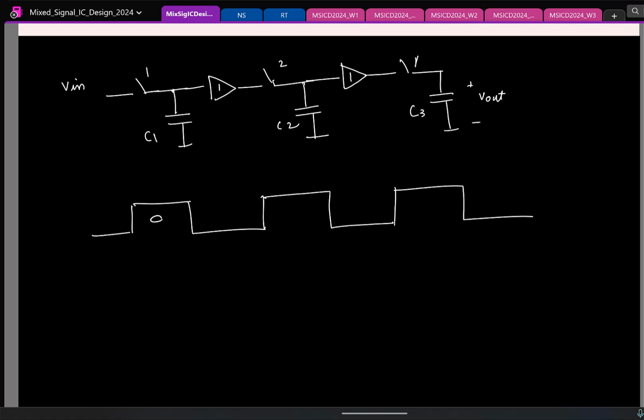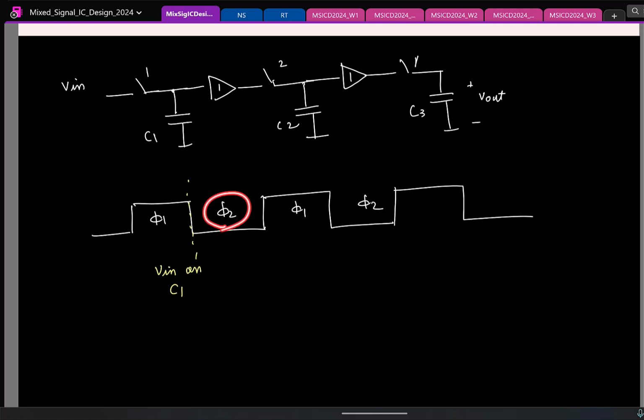So let us say this is clock phase phi 1, phi 2, phi 1. Let me call this the first edge. During the first clock edge, input is sampled on C1, so Vin is sampled on C1. Then phi 2 happens.